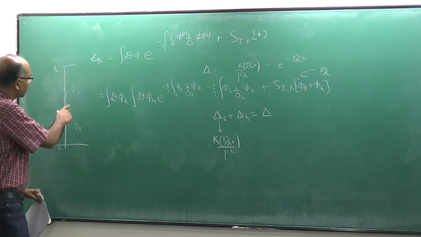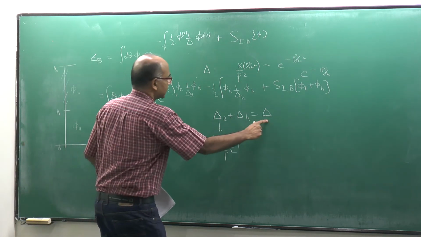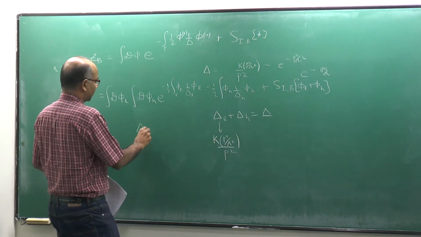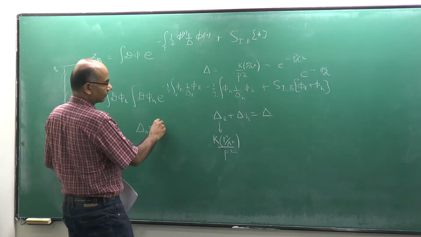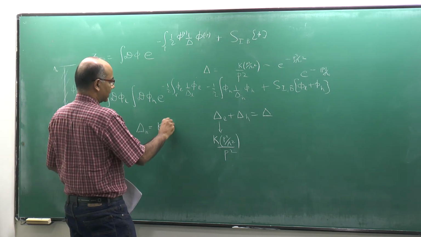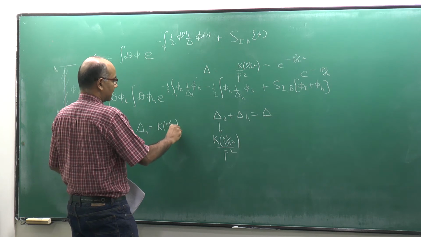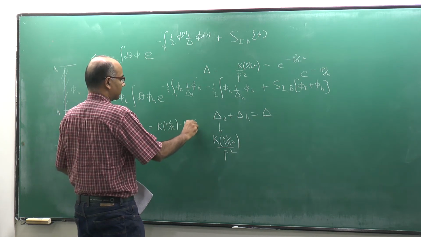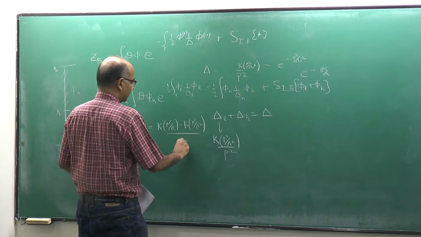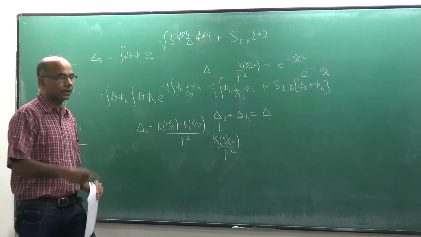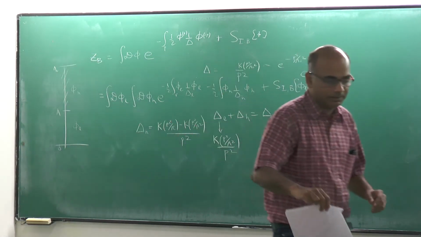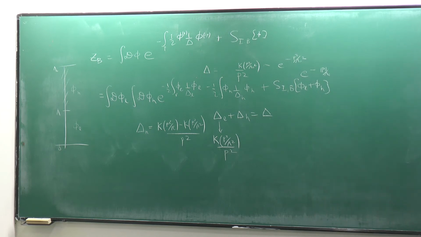The other point you should remember is that delta H is of the form k of p squared by lambda naught squared minus k of p squared by lambda squared.